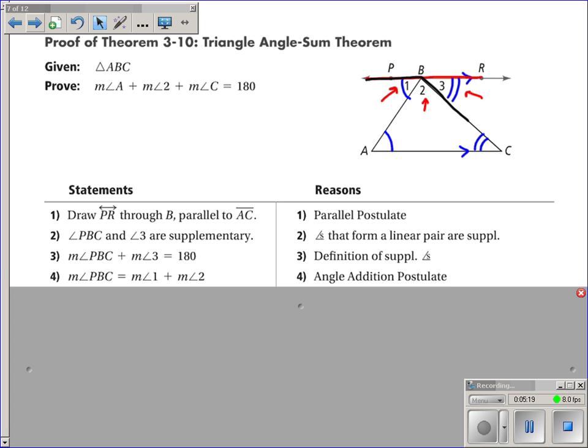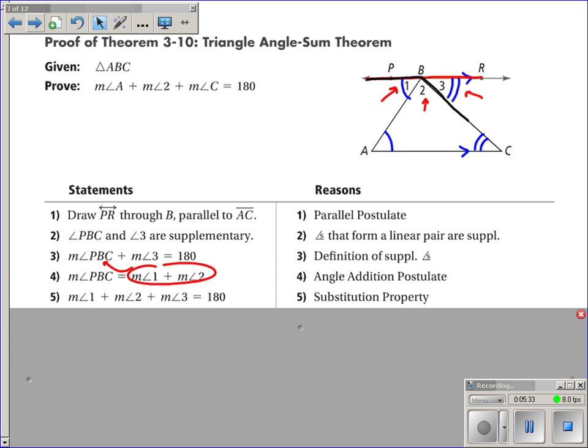Statement 4 is that the measure of angle PBC is equal to the measure of angle 1 plus the measure of angle 2, so we can substitute this in to this part of the equation, and we get that the measure of angle 1 plus the measure of angle 2 plus the measure of angle 3 is equal to 180 degrees. Now if it were me, I'd probably be okay with jumping from here to here, and just saying it makes a straight line.